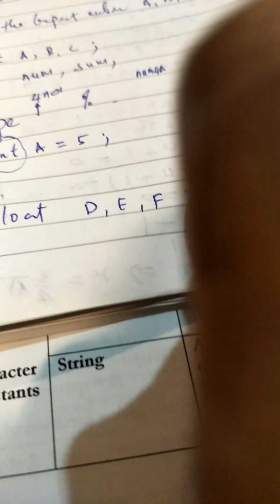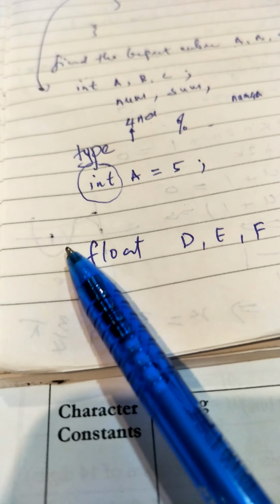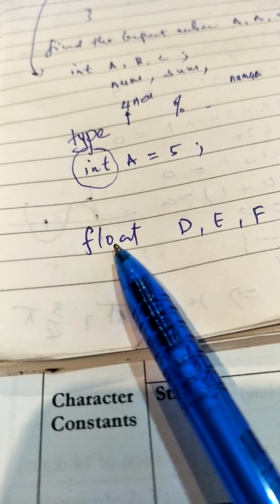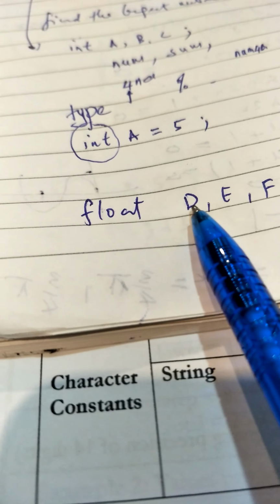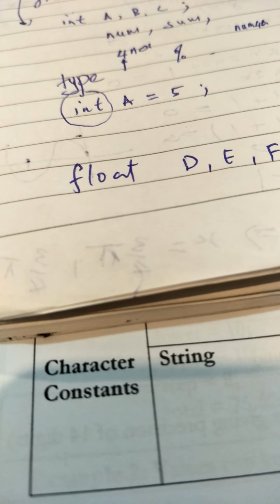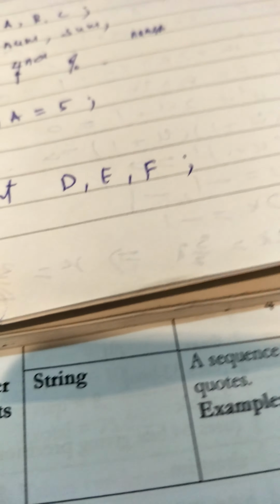Float, for example, D, E, F. Okay. So if the variable is of type float, it means this variable can have decimal places.